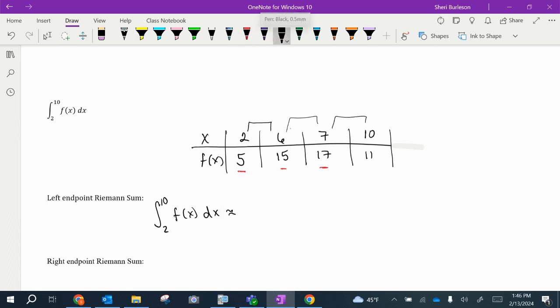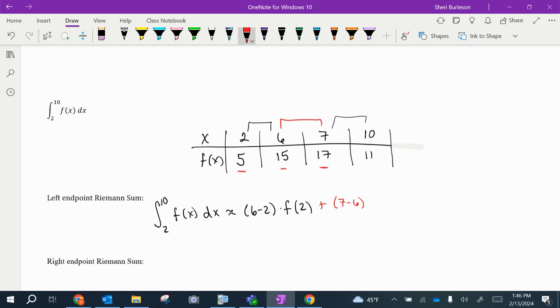So my delta x for my first interval is 6 minus 2. And then I'm going to multiply by the function value of the left-hand endpoint. That's this one. On this interval, now my delta x is 7 minus 6.